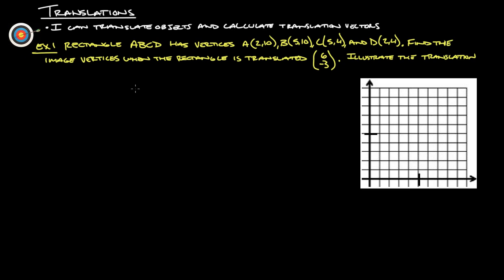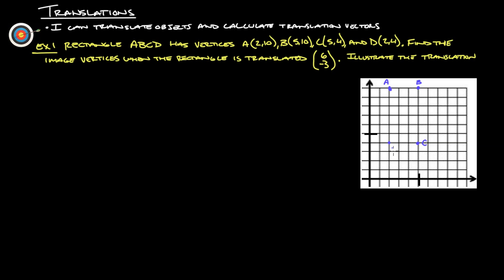So let's do this. All right, so we've got A at 2, 10, so 1, 2, there's point A. Point B is at 5, 10. There's B. Point C is at 5, 4. So there's C. And then D is at 2, 4.